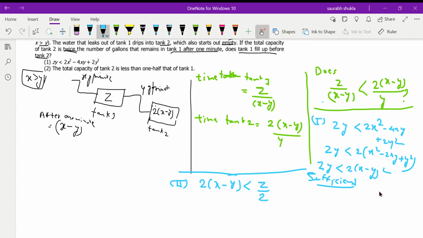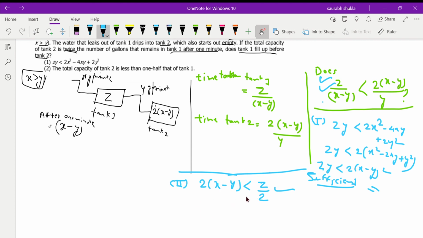Now forget about statement 1; we have already established that it is sufficient. If you look at this information, do you think it is helping you prove anything here? No, I don't think so. We can't really make any sense out of it.